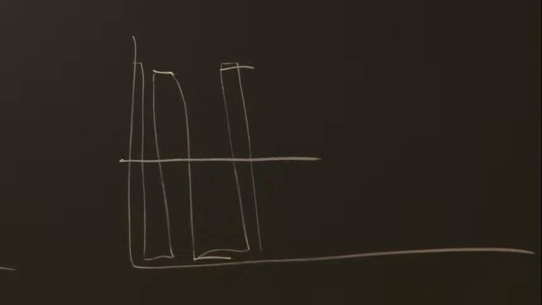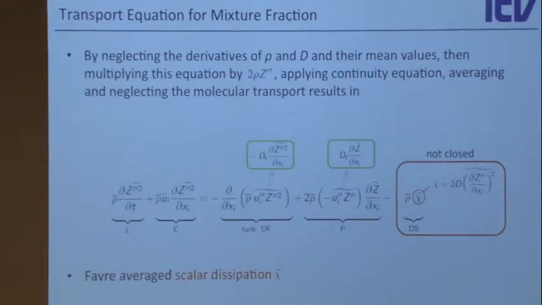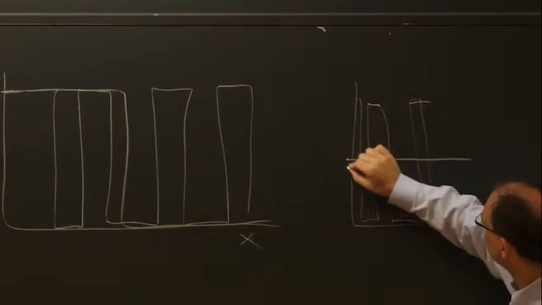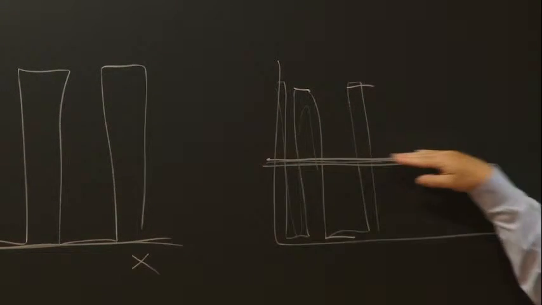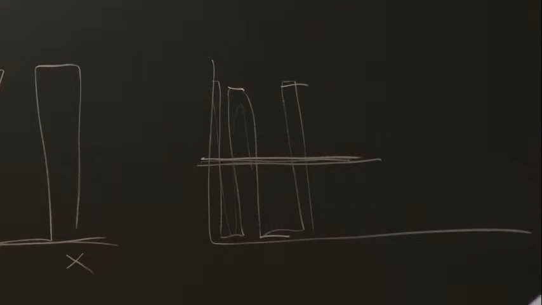And then the dissipation, that's what the viscosity, or the diffusivity, does. It will mix these on a molecular level so that ultimately everything is mixed on a molecular level, which means it takes out the variance. So taking out the variance means mixing fuel and oxygen on a molecular scale.